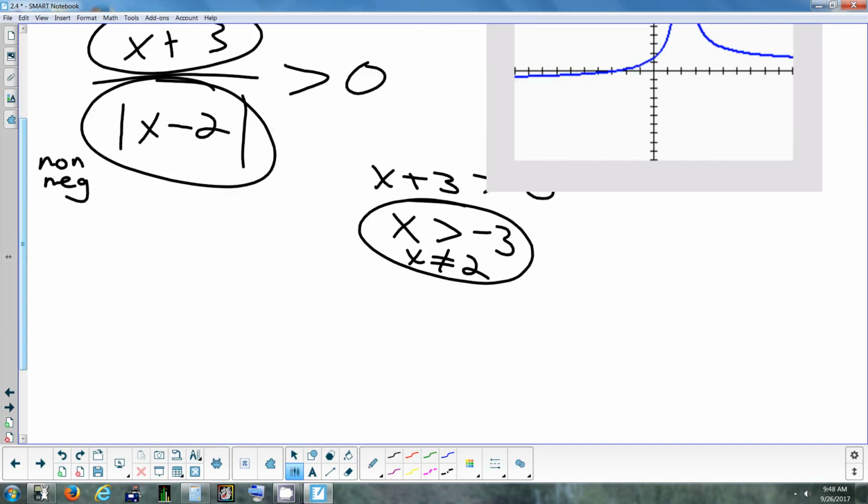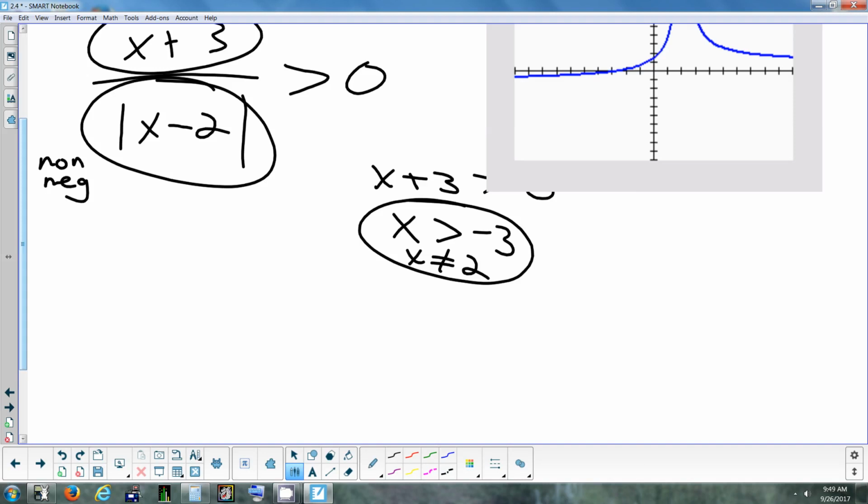You're going to have to write it as 2 intervals, because any time there's a value you're not allowed to use, that's going to be an endpoint of one of your intervals. Well, what's our lower limit here?